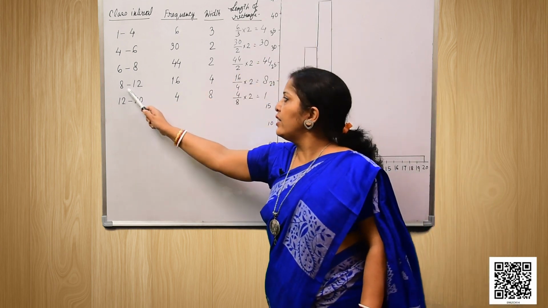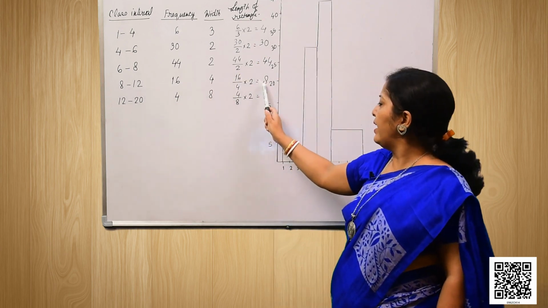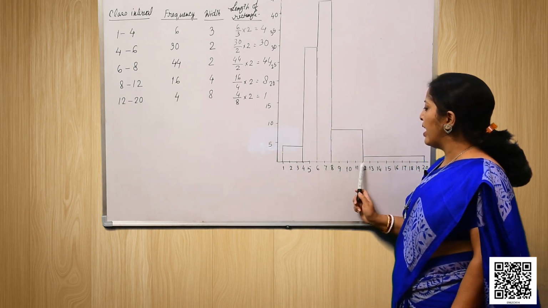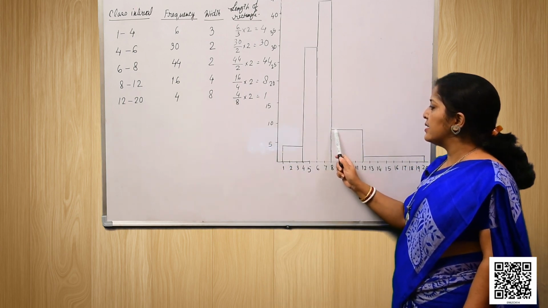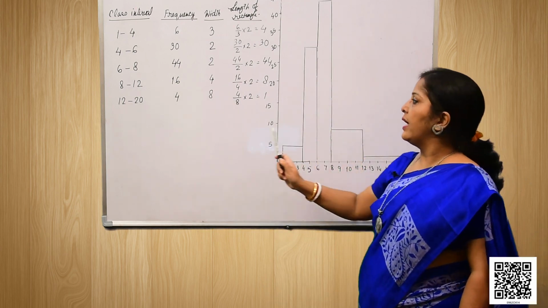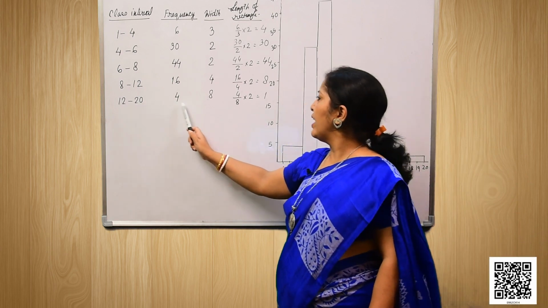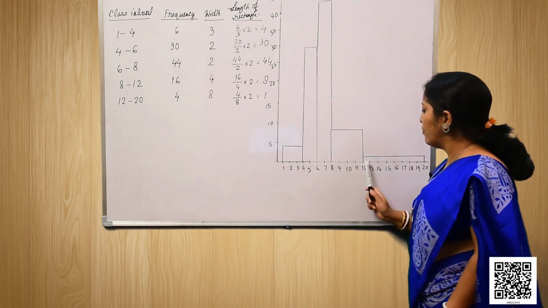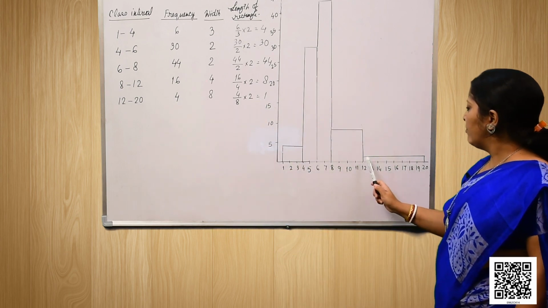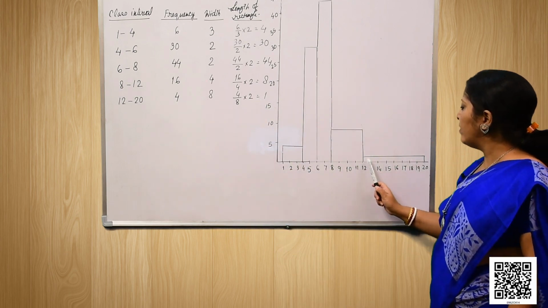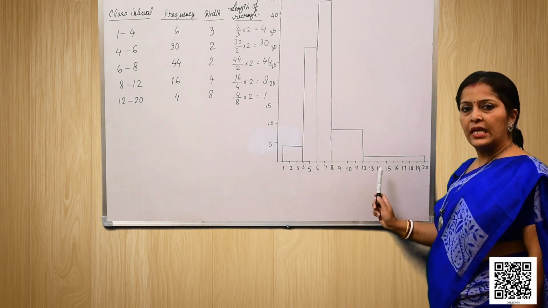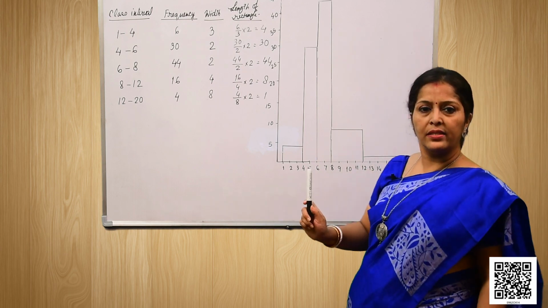Then next 8 to 12 we have 8. So from 8 to 12 the length of the rectangle is 8. Then 12 to 20 we have the length as 1. So from 12 to 20 we have a rectangle of length 1. So this is our histogram.